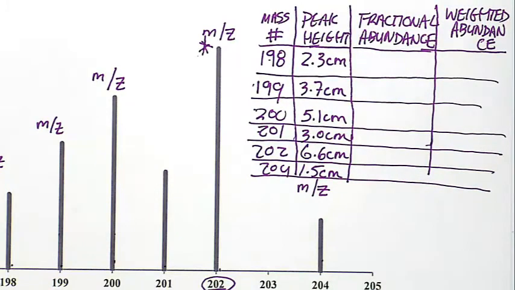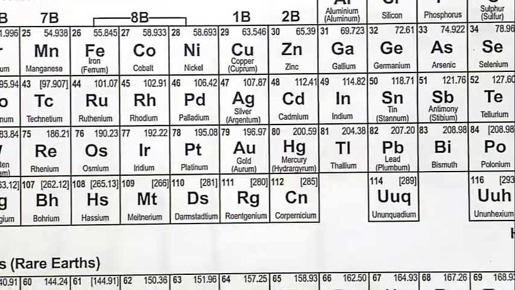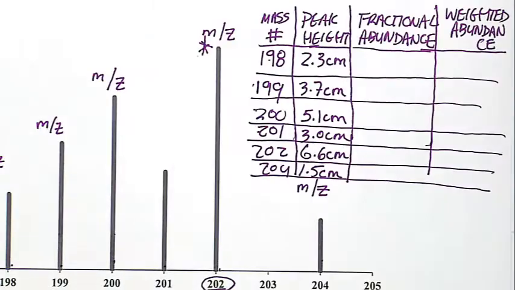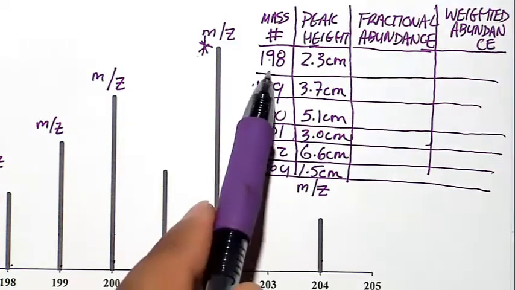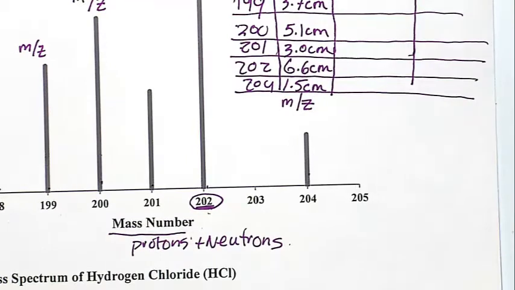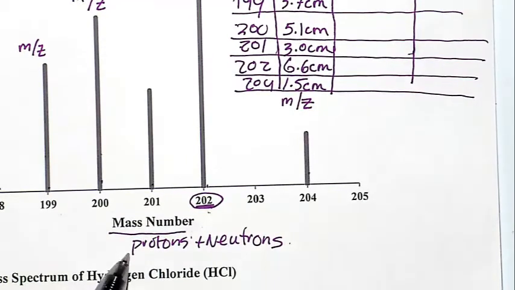The number of protons in mercury is always going to stay the same because that's invariant. The number of protons will be 80. The number of neutrons is going to be 198 minus 80, because mass number is protons plus neutrons.